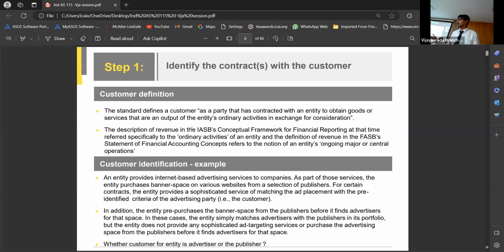But if you are buying the space, your customer is actually the publisher, whether LinkedIn, Facebook, or someone who is selling you the space. So please understand that the context in which we look at the customer sometimes changes, right?